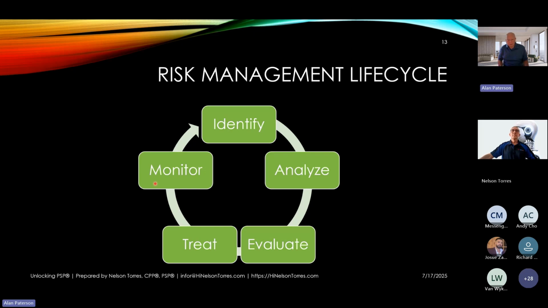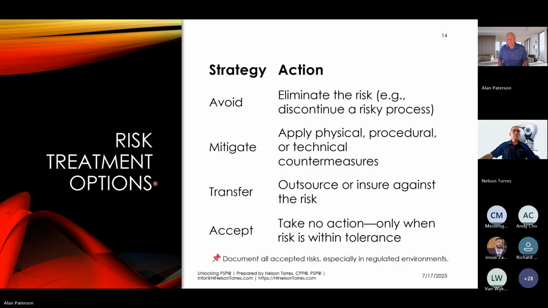Okay, on to the various risk treatment options. There are usually some questions on these kinds of strategies. It's been a long time since I took the test, but they may ask you, in a multiple choice, which are the four risk treatment options.